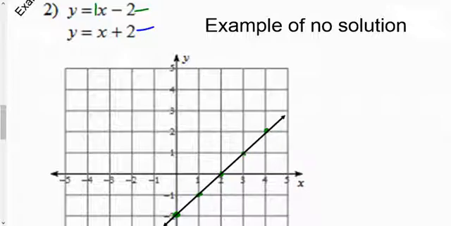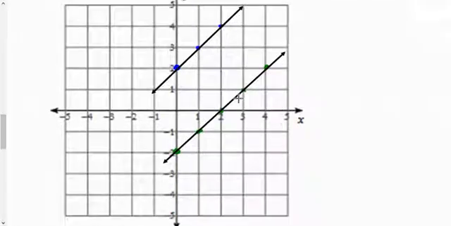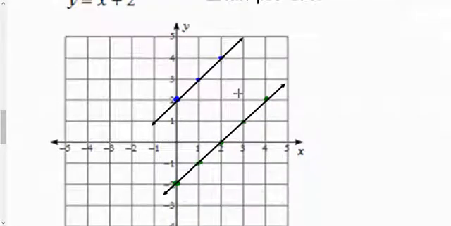That makes that look a little better there. And let's graph the other one. The y-intercept for the blue equation here is 2. And we're going to go up 1 and over, up and over. And as you can see, we're going to get two lines that are never going to intersect. So there is no solution.